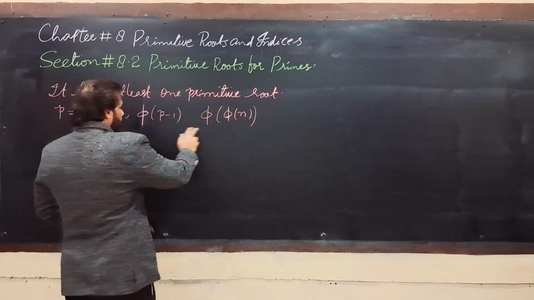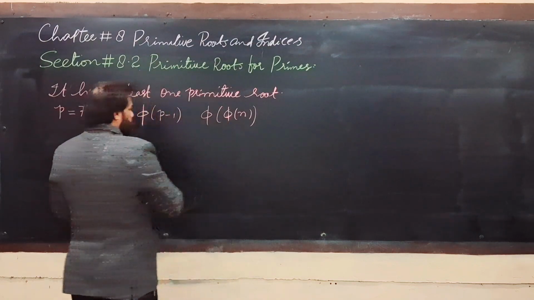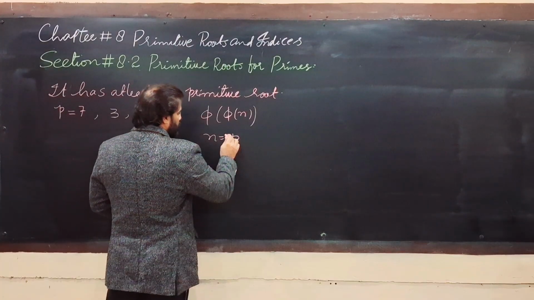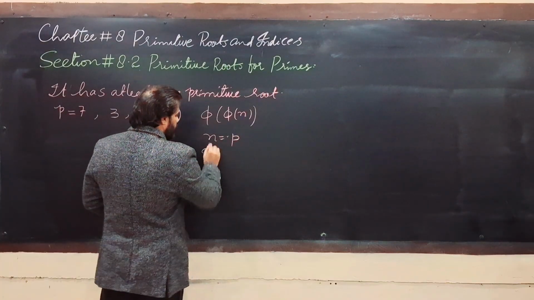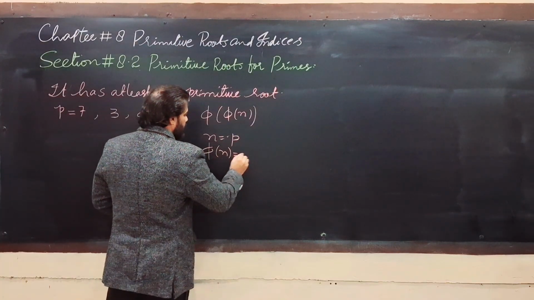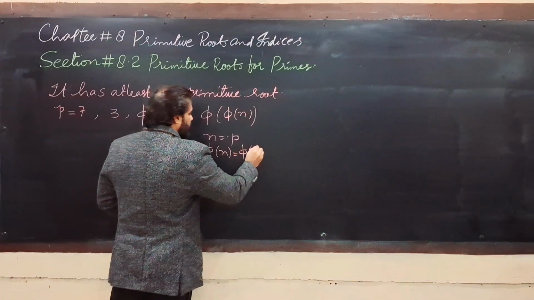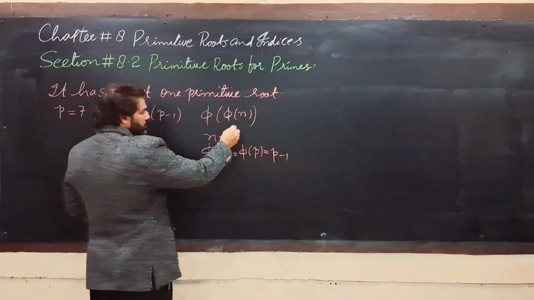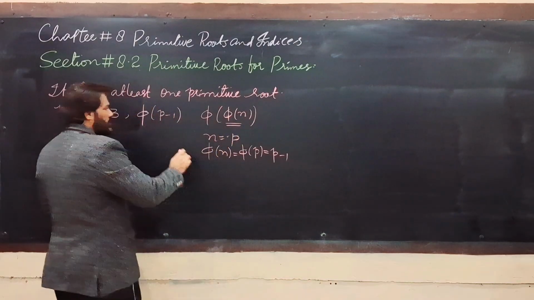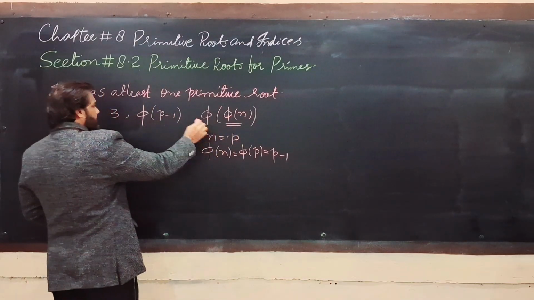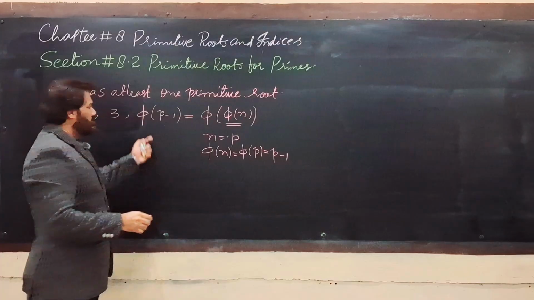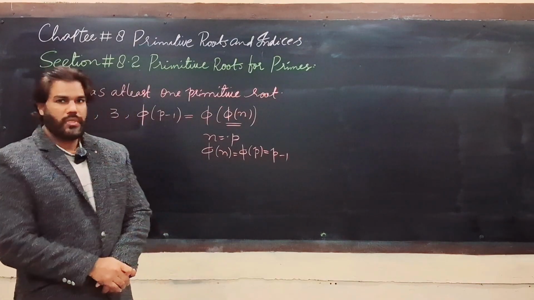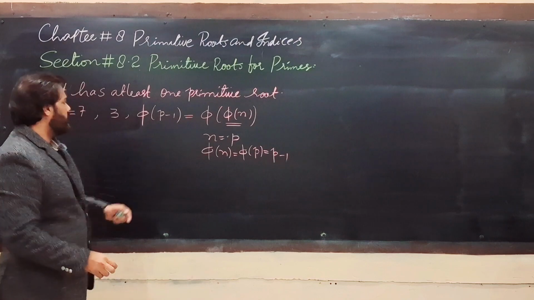These two formulas are actually the same when n is prime p, because phi of p is calculated by p minus 1. So the total number of primitive roots can be calculated by phi of p minus 1.